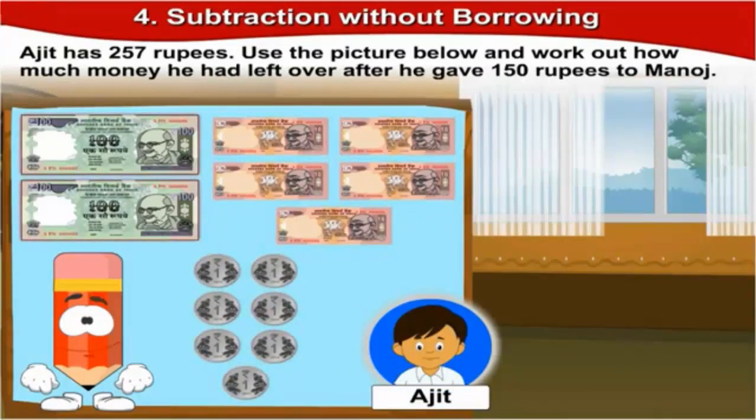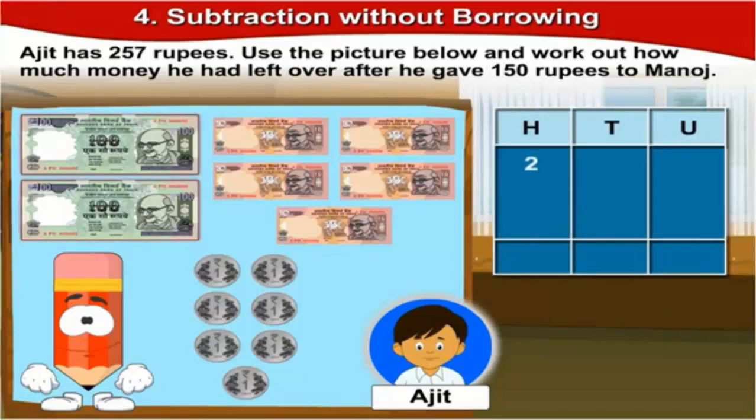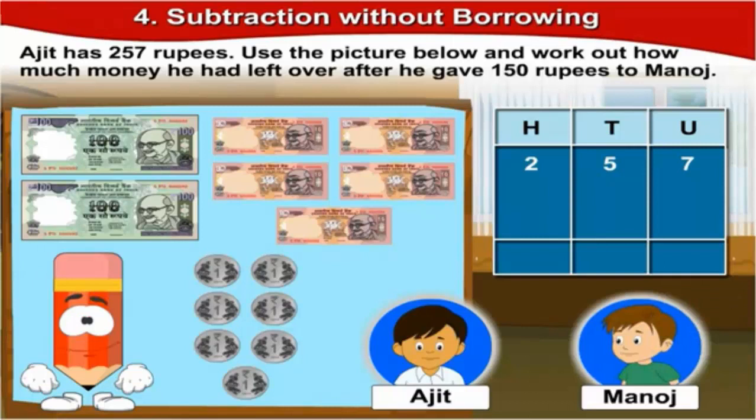Here are 2 notes of 100 rupees each, which means 2 hundreds, 5 notes of rupees 10 each, which means 5 tens, and 7 coins of 1 rupee, which means 7 units. Out of these, he gave rupees 150 to Manoj, which means 1 hundred, 5 tens and 0 units.